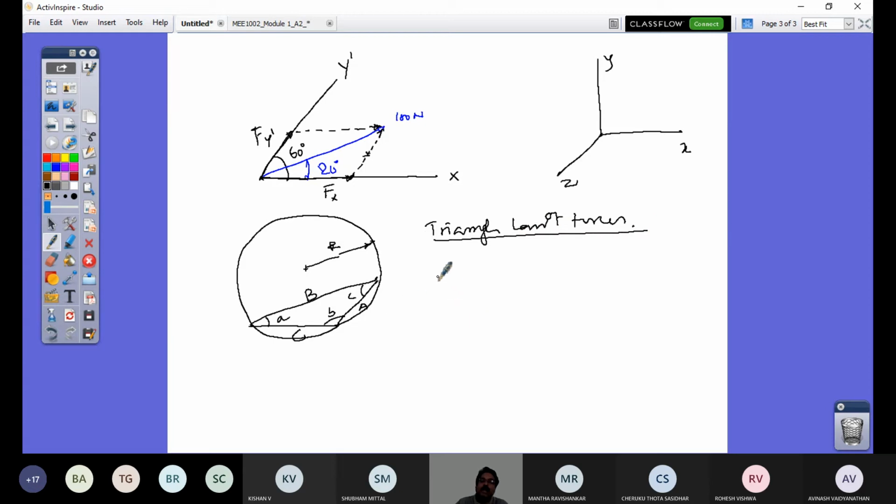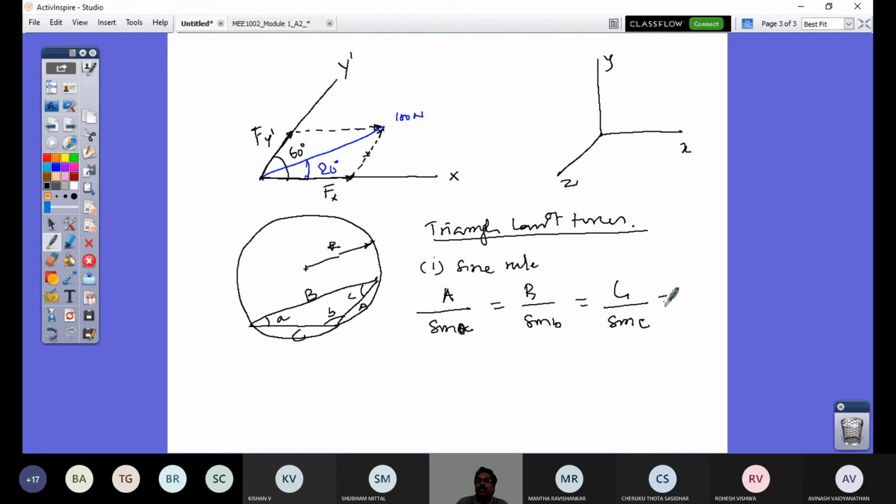In this triangle, there is something called the sine rule. What is the sine rule? Take the magnitude of one of the sides of the triangle, say for example this side A, opposite to this angle capital A, the small a. That magnitude divided by the sine of the opposite angle, sine A, is the same as B by sine B, which is equal to C by sine C.